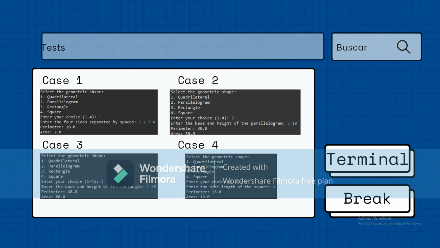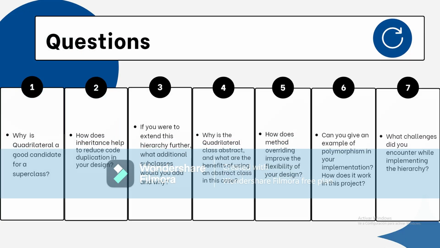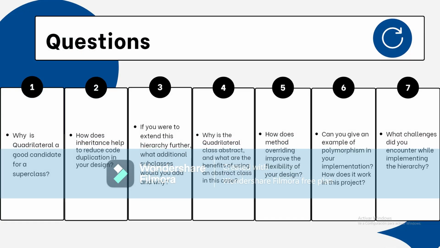Okay, so we pass to the questions, and I'm going to answer these 7 questions that are part of this presentation. And then we start. Why is the quadrilateral a good candidate for a superclass?